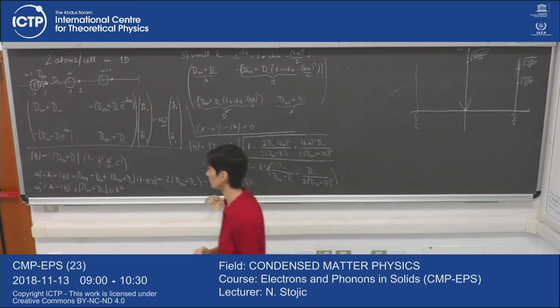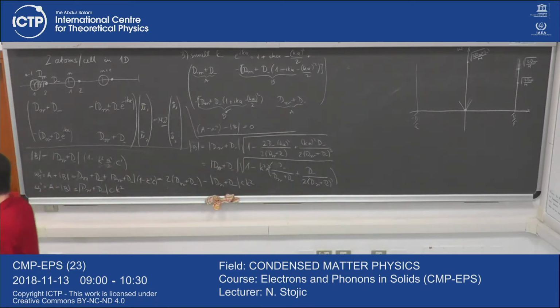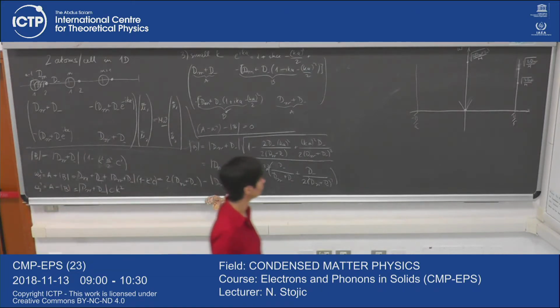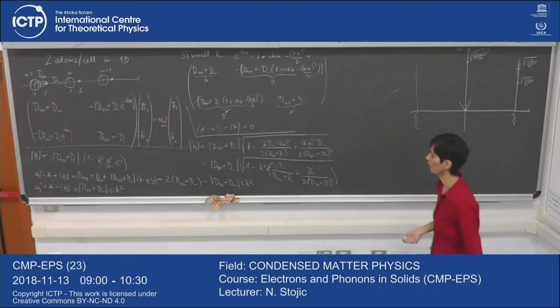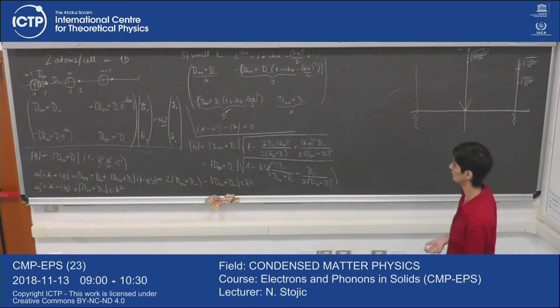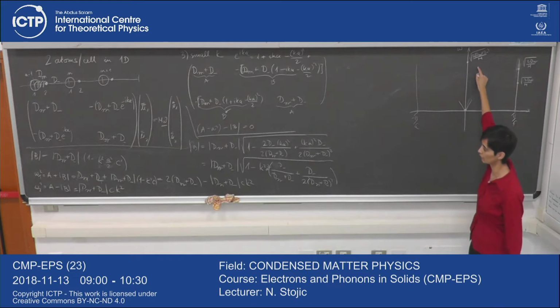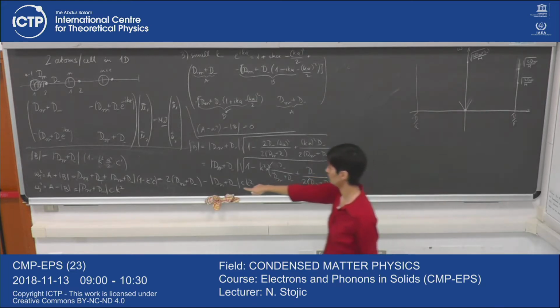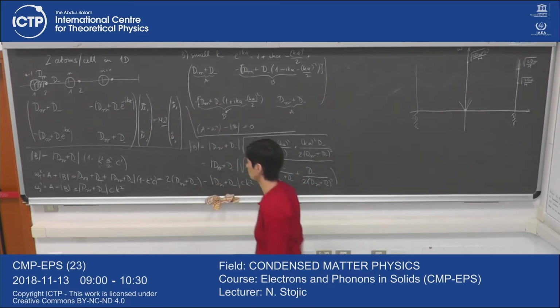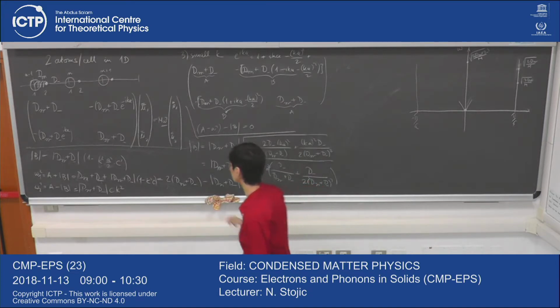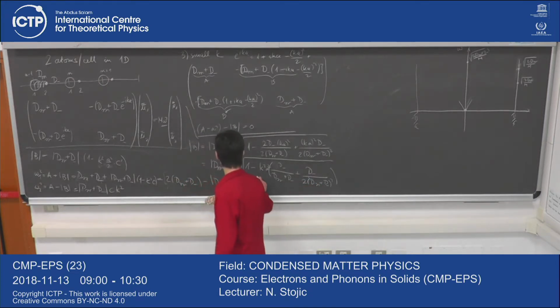By the way, you notice that these phonon dispersions are symmetric. Omega of k is equal to omega of minus k. It's reflecting the symmetries of the Brillouin zone. And what we have here, we will start from this value, which is exactly this one. This is all missing an m.